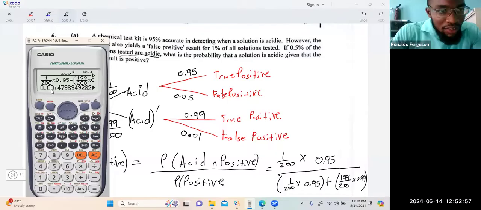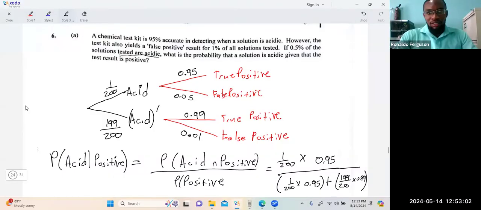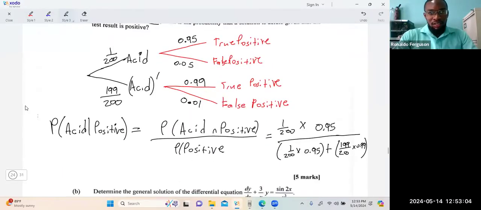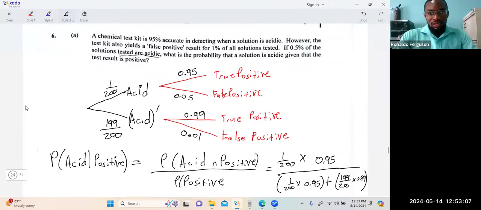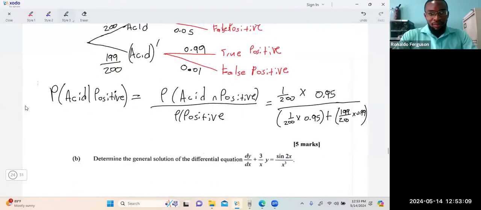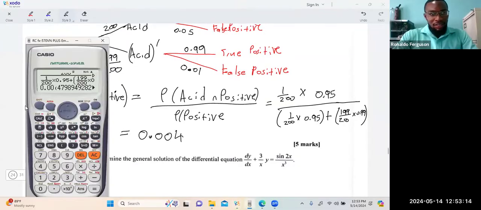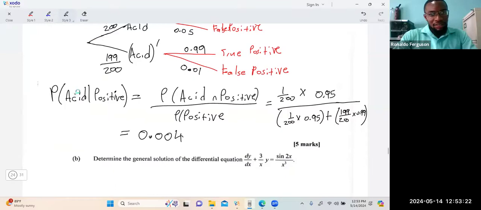That's 0.0048. So the probability that the solution is acidic is 0.00448, which is roughly a 0.48% chance.